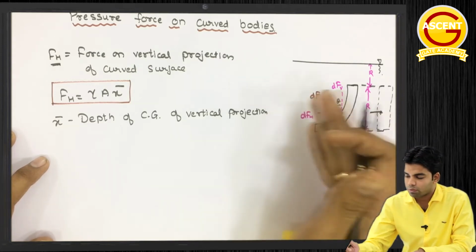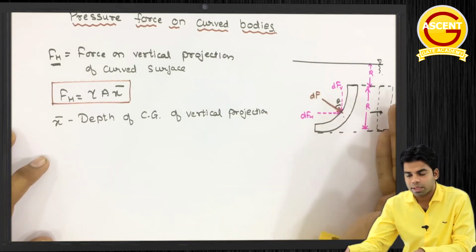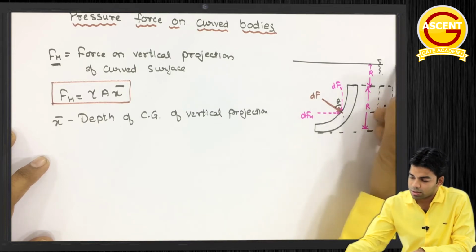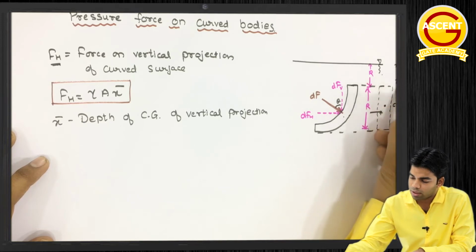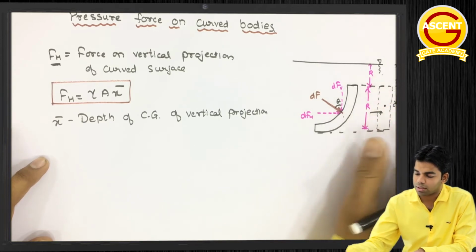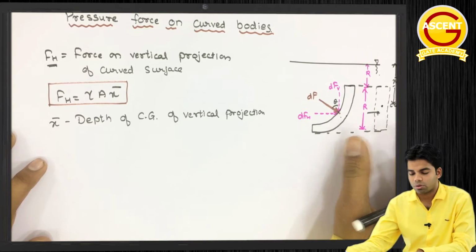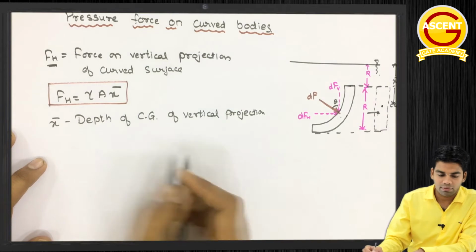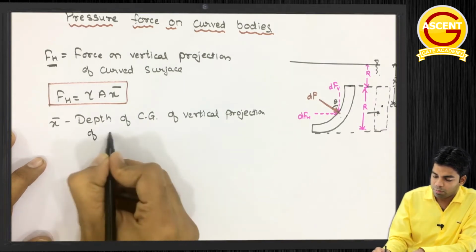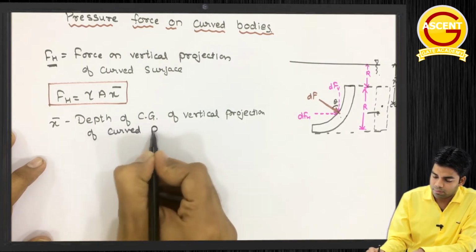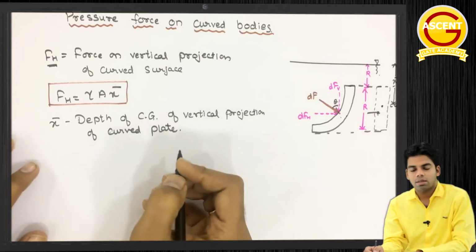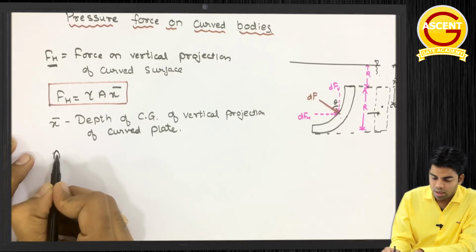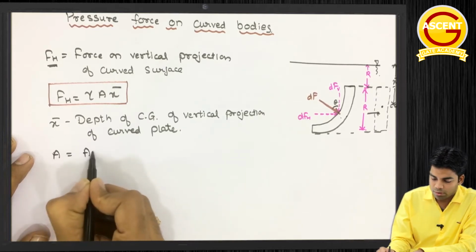What you have to do is project this on the vertical plane and then determine the center of gravity of this vertical plane, and the distance of the center of gravity of this vertical plane from the free liquid surface is nothing but x bar. Getting the point or not? So x bar is the depth of the center of gravity of the vertical projection of the curved plate from the free liquid surface. Next, A is the area of the vertical projection.